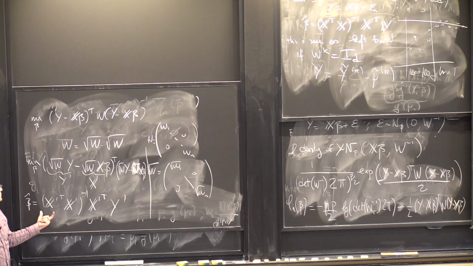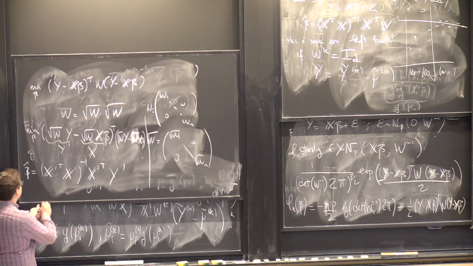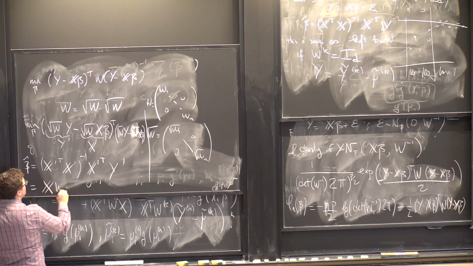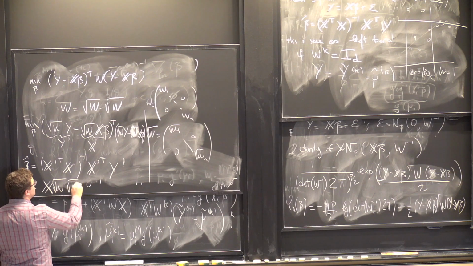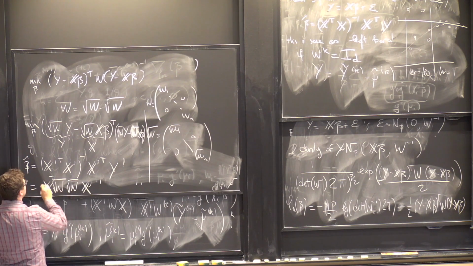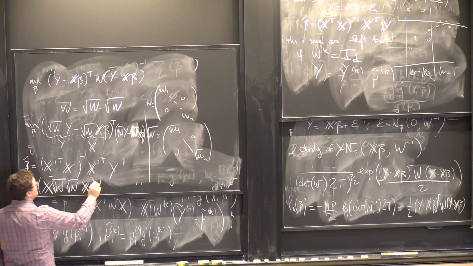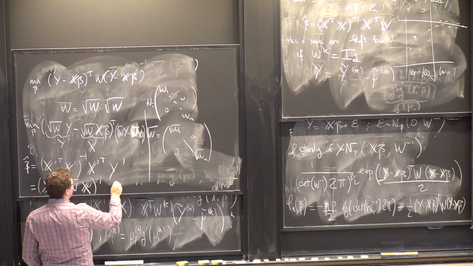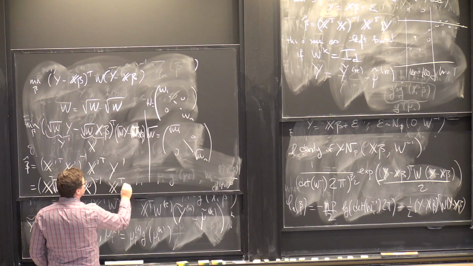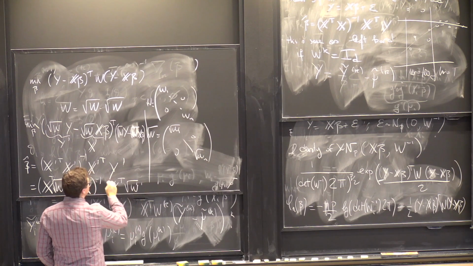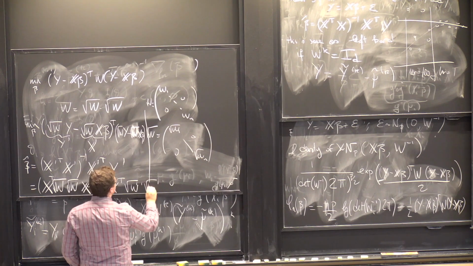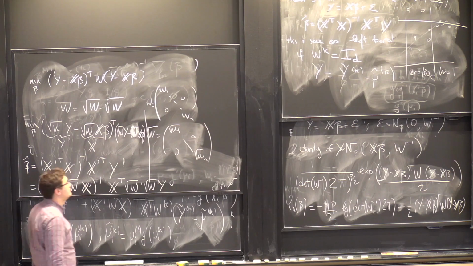And now I'm just going to substitute again what my x prime is in terms of x and what my y prime is in terms of y. And that gives me exactly x transpose square root w, square root w x, inverse, and then I have x transpose square root w for this guy, and then I have square root w y for that guy.